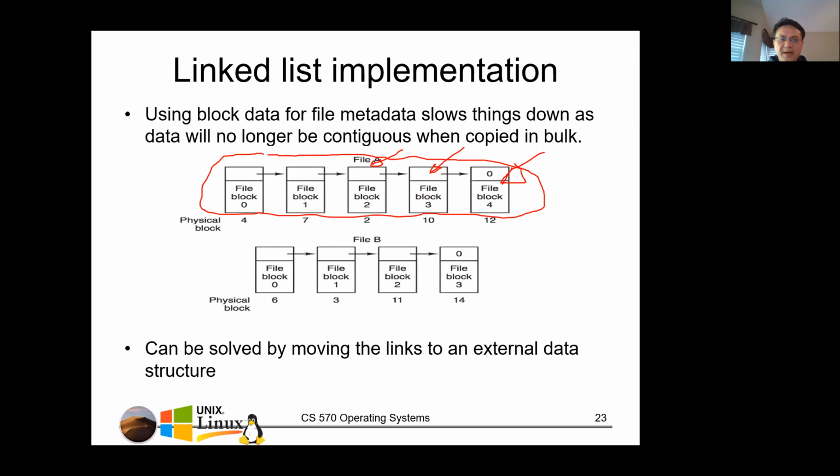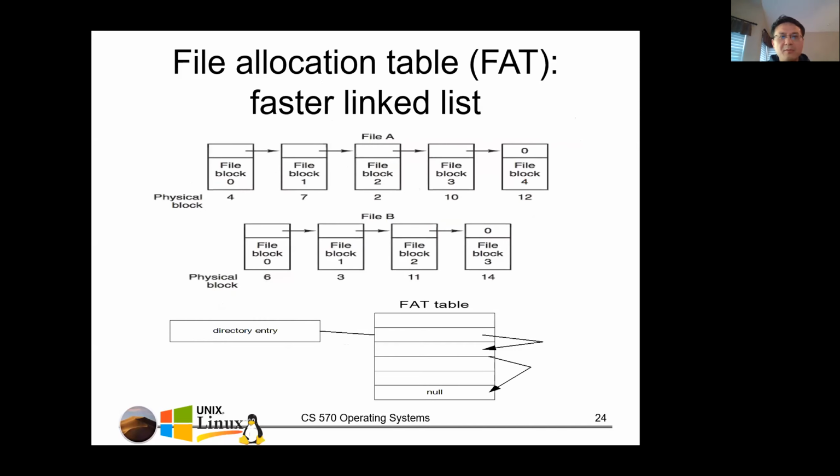Based on this, what could be a possible improvement? Maybe we can try to solve this by moving the links to an external data structure. We're talking about the link, the pointer between blocks. People came up with an improvement idea for this, which we call the file allocation table.